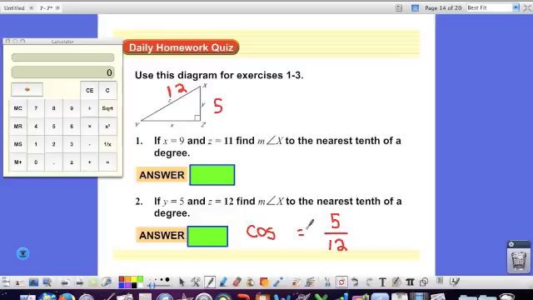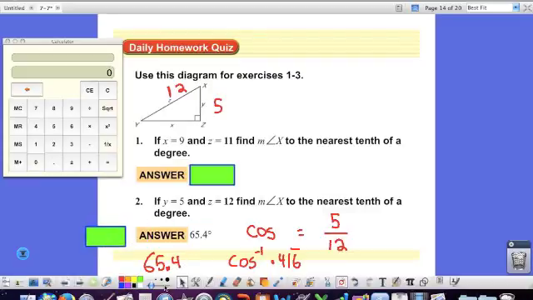So 5 divided by 12 is 0.4166666 with a bar repeating. I'm going to keep that in my scientific calculator. I'm going to press on the second level, cosine -1, and I get 65.37, or roughly 65.4.